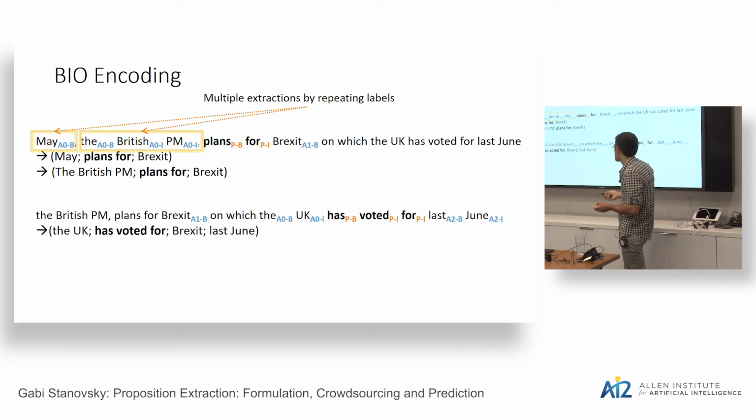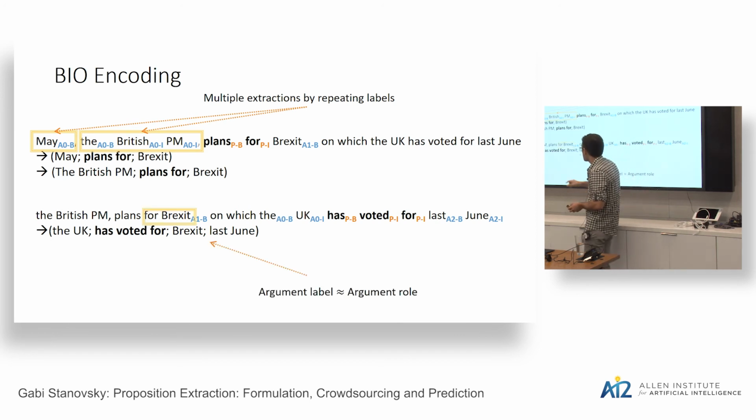One other thing that's interesting: if you look at the same sentence, but this time we look at the predicate "has voted for," there's some semantics going on where it's not always the linear position of the argument that indicates where it would be in the OpenIE tuple. So here we can see that Brexit, for example, started the sentence even though it ended up in the second argument slot.